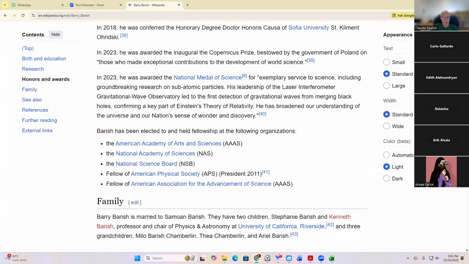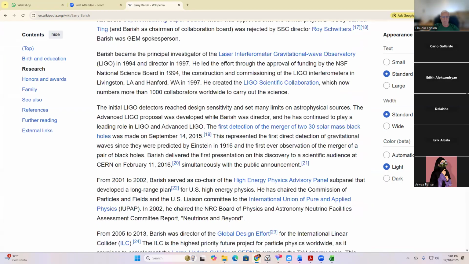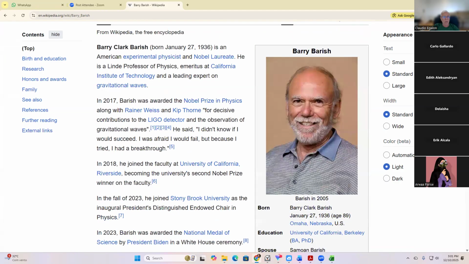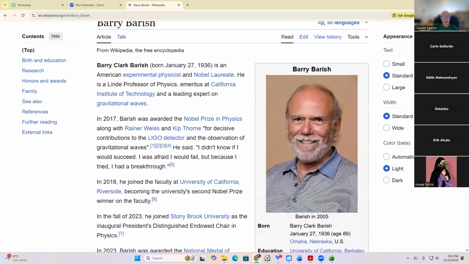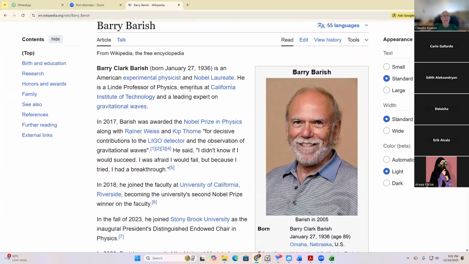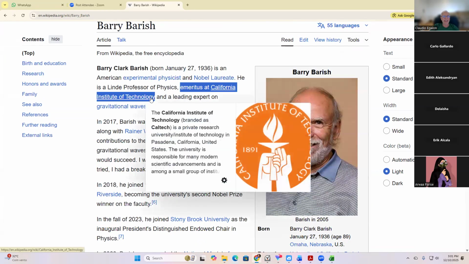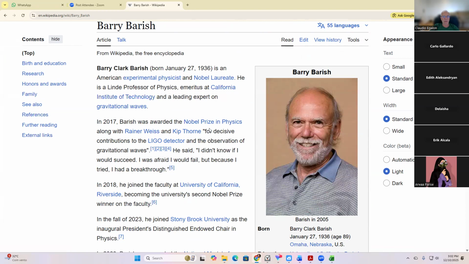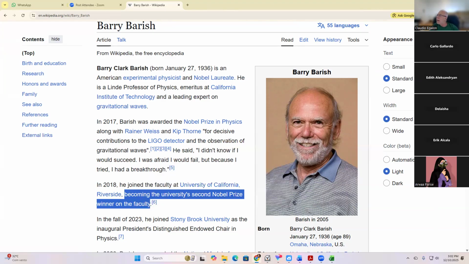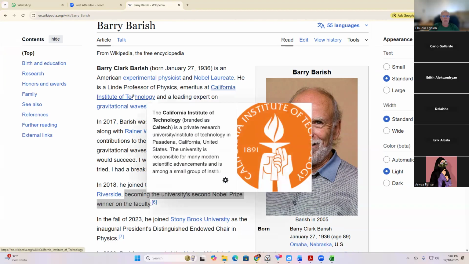Okay, family. Yeah. So this guy worked in the LIGO as well. Okay. Emeritus. He's an emeritus professor at Caltech. But he joined the faculty at the University of California, Riverside in 2018, just 1 year after the Nobel Prize, becoming the university's second Nobel Prize winner on the faculty. We have a bunch of Nobel Prize winners at Caltech, okay?